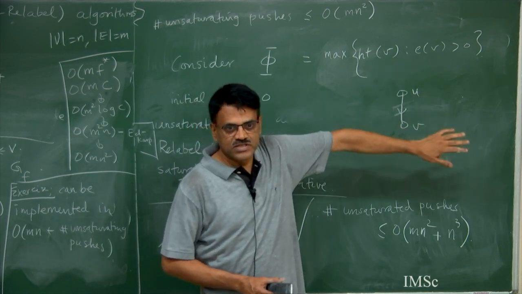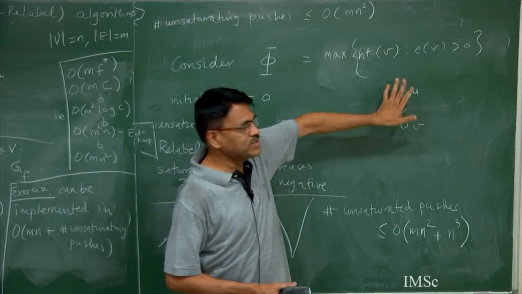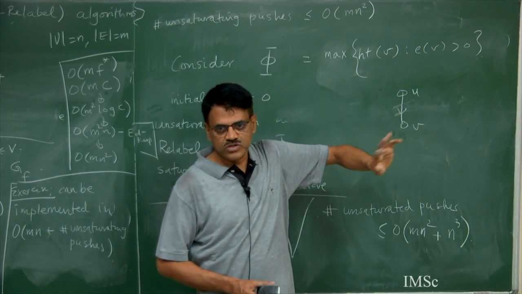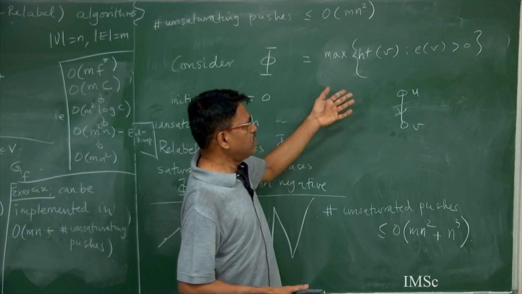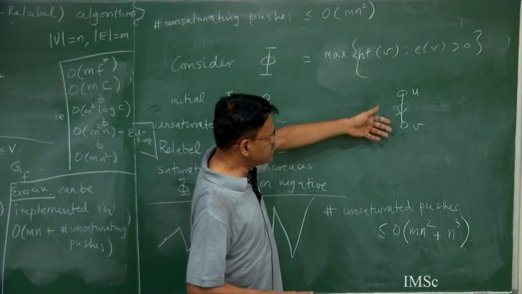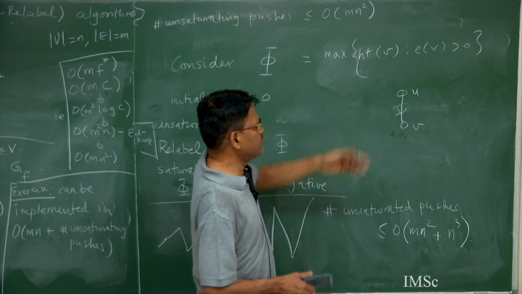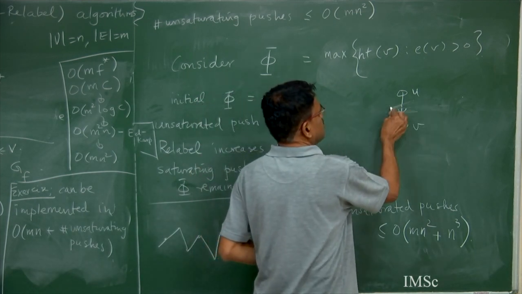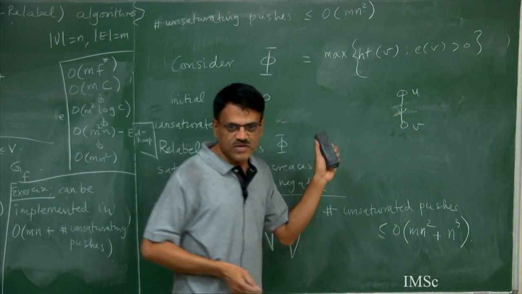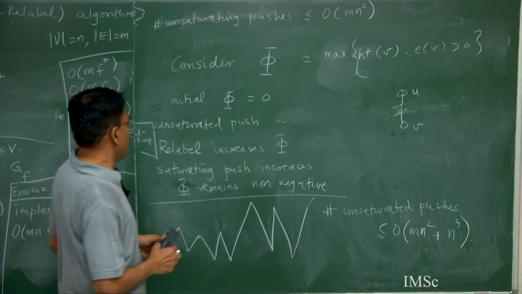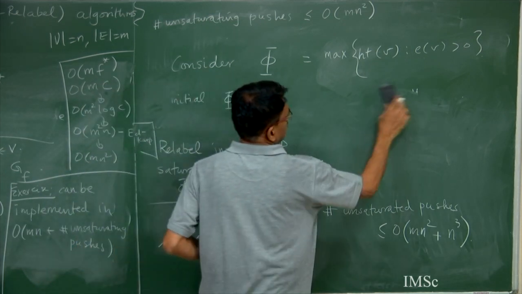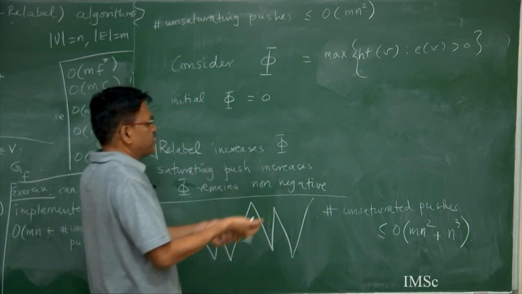Nobody else can exceed it, because this is the max height. In fact, the max height may be some other vertex with excess at that same height. That's also possible, but it will not increase in any push. If it is an unsaturating push, the same thing, because this edge is out of the residual network, but this vertex still has excess and its height remains the same. So it never increases. Only relabel increases phi, because relabel's operation is to increase the height.